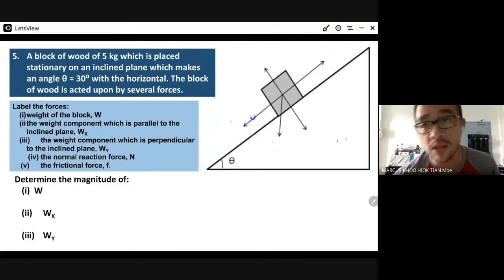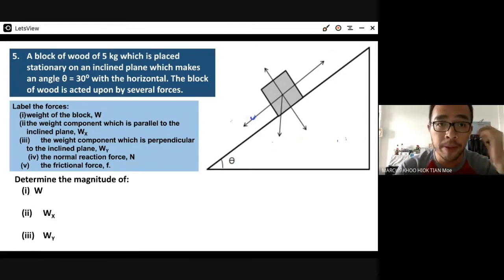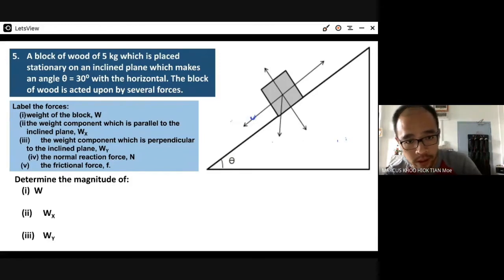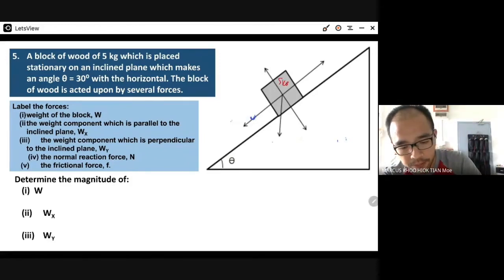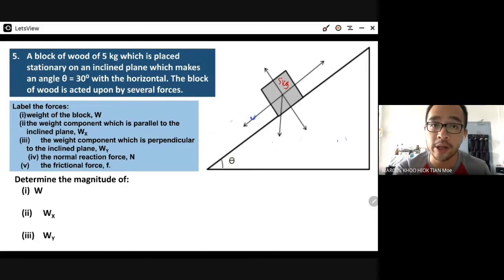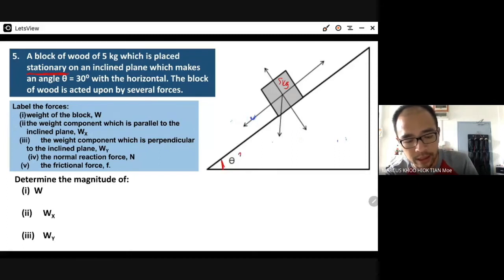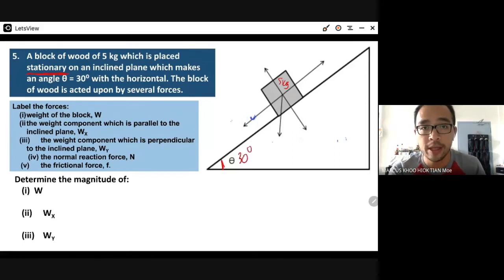Okay, now let's do a couple of questions. Let's do this together. Although I will call on you, just tell me. A block of wood, which is 5 kg, is placed stationary on an inclined plane, which makes 30 degrees with the horizontal.